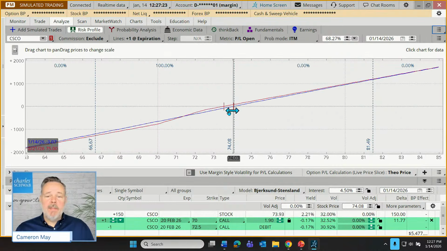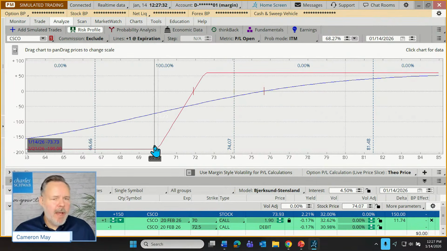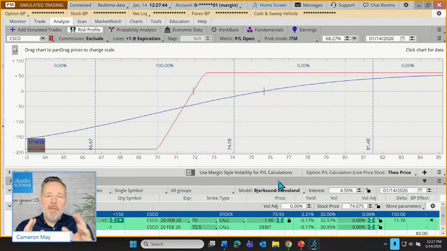All right. Now, the other thing, it brought the stock shares back into the analysis. So I'm going to take those back out. And now I want to answer that question. Who asked about the numbers up here, the percentages? These are probabilities that a trader might be interested in. What is the likelihood that maybe price falls within a given range on expiration?